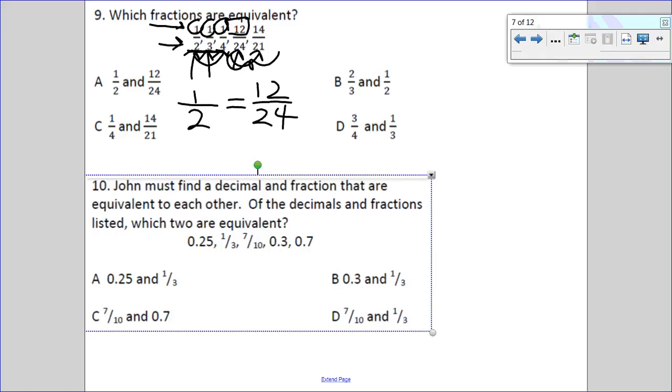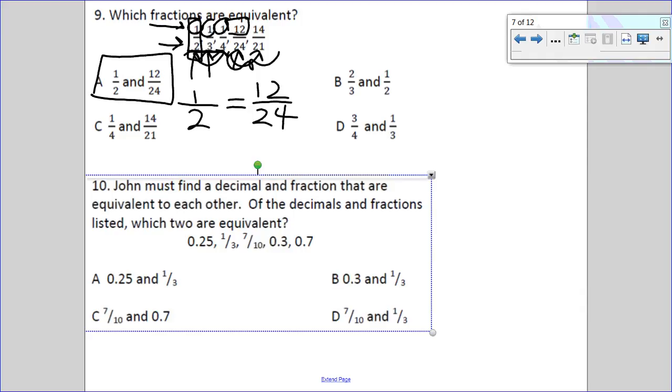We change that by dividing the top and the bottom by the same number, in this case 12. And it just happens that 12 is one of our numbers. 12 divided by 12 is 1. So since 1/2 is the same as 12/24, well, we have 1/2 here. So we know 1/2 and 12/24 are the same number.